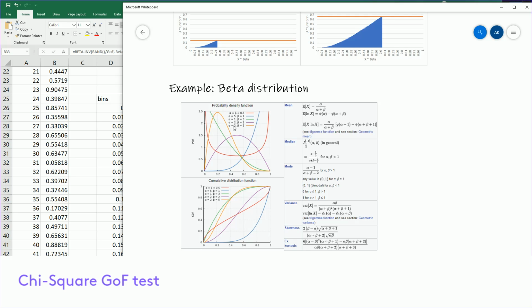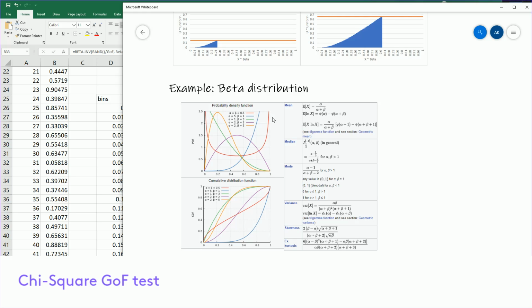If we use some other set of parameters, such as the yellow-orange line, that looks like alpha and beta both equal to 0.5, and with this set of parameters you see most numbers will be around 0 and 1.